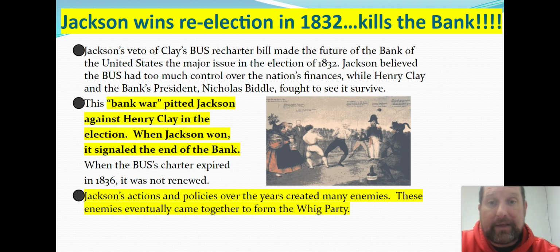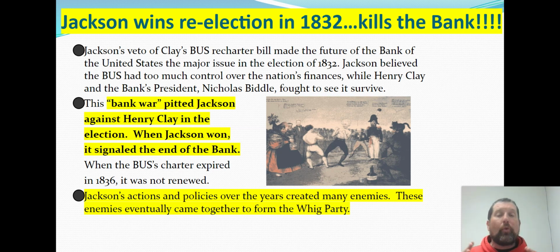Jackson thinks the bank has too much control over the finances. Henry Clay and the bank's president, Nicholas Biddle, fight to see it survive. Those are the central figures, Jackson and Henry Clay, in this bank war, and Jackson wins re-election.